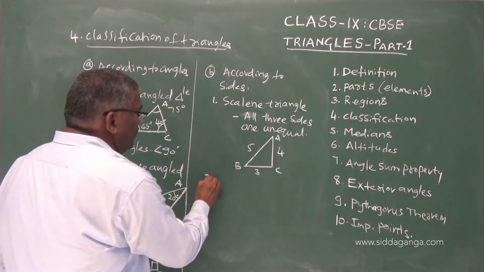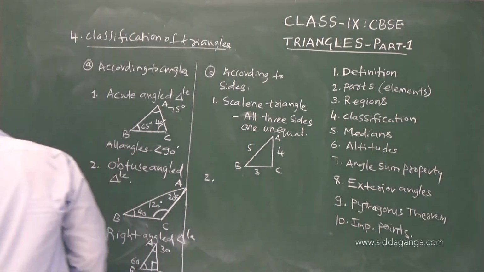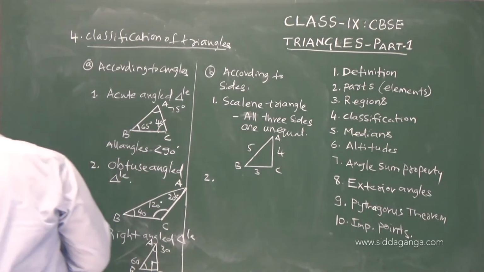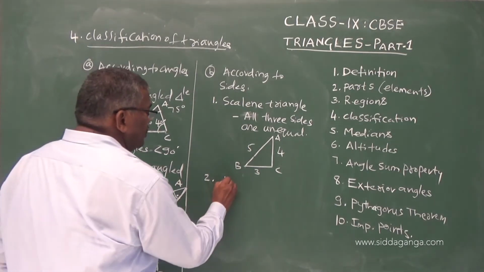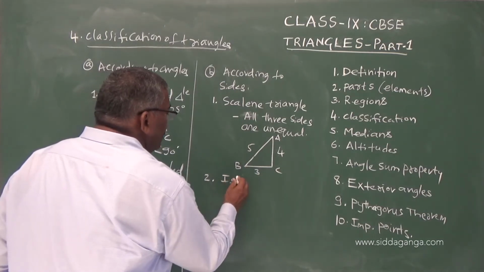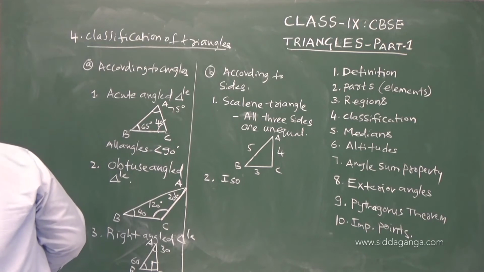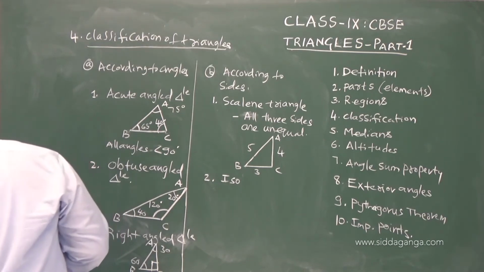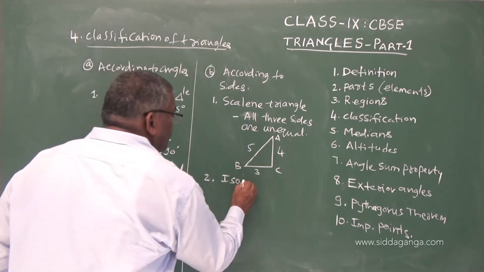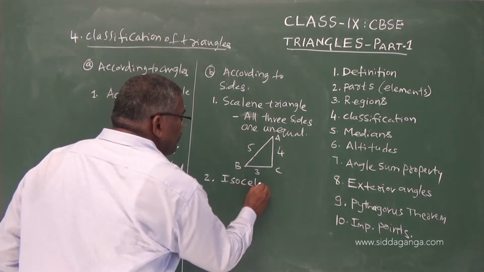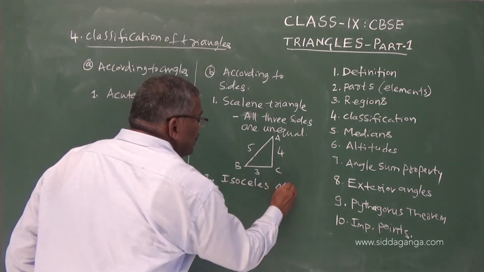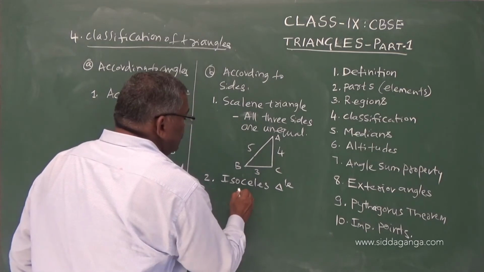So second one, isosceles triangle. So it is very simple.